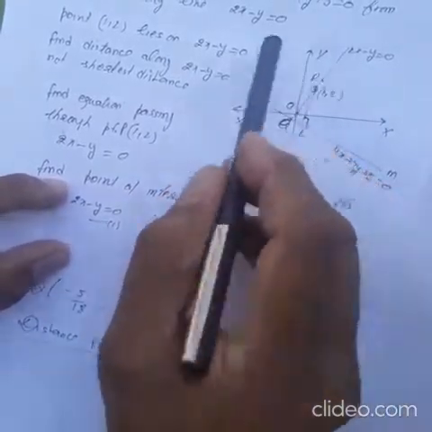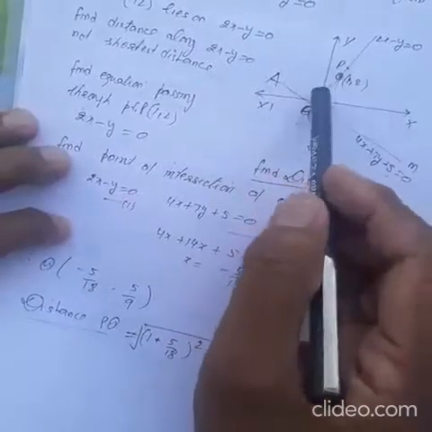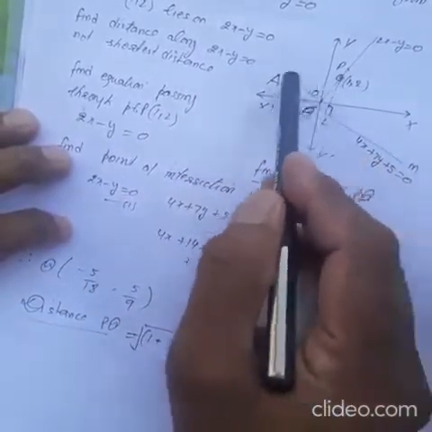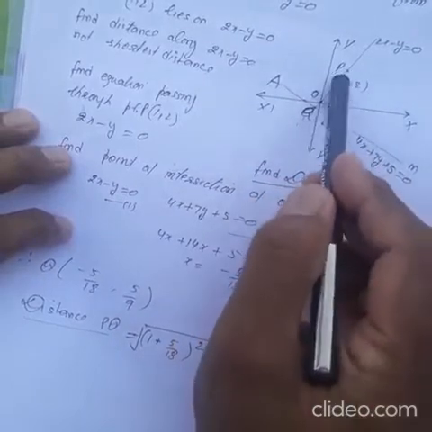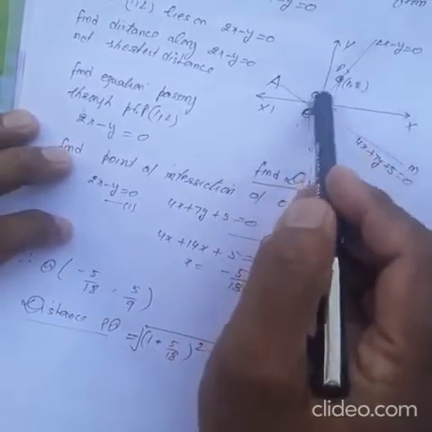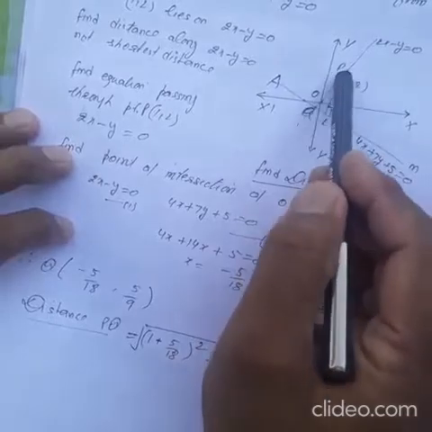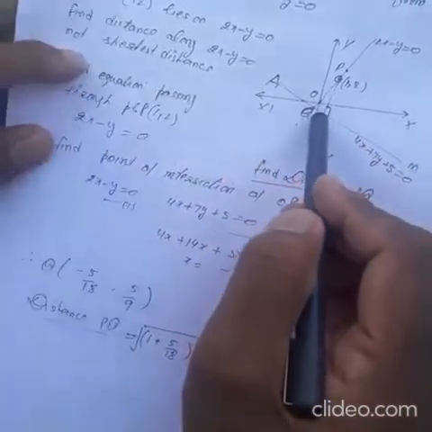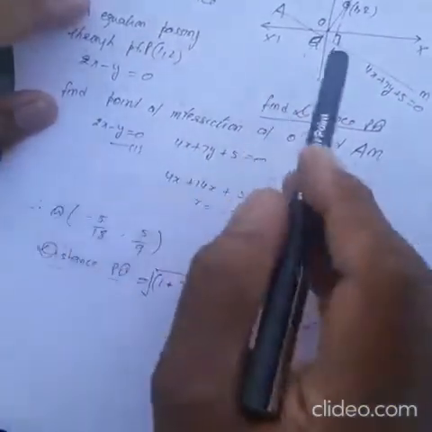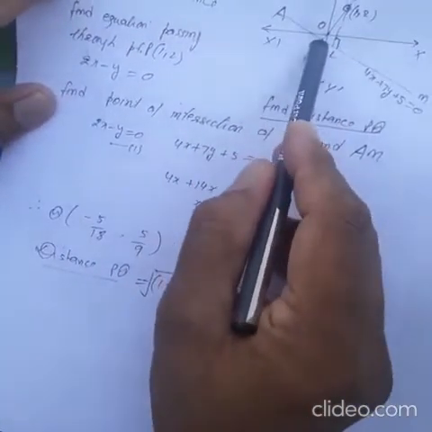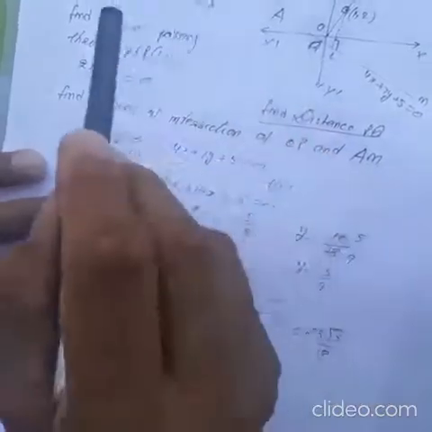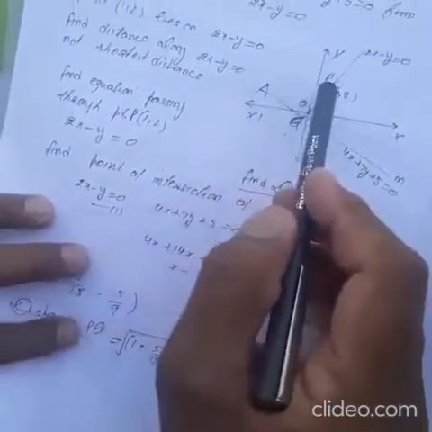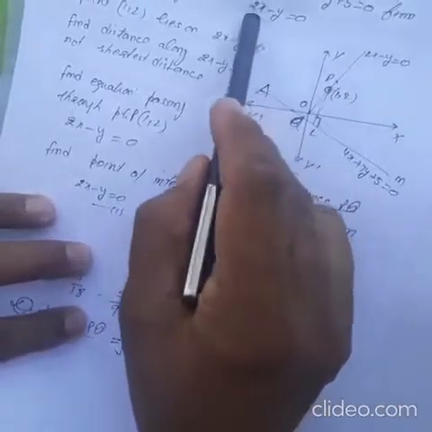So now find the short distance. Now PL is the shortest distance. Using the formula we can find this PL, but we require the distance along this line, that is we require PQ. So for this we will find the coordinates of Q. For the coordinates of Q we need to find the equation of PQ, because point P is lying on this line.